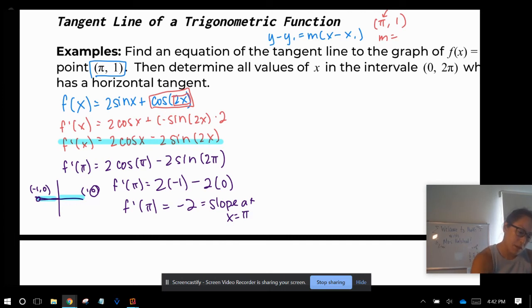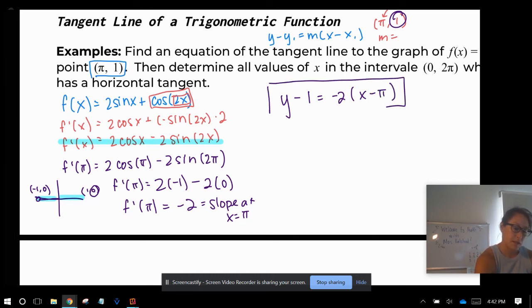So we can write our equation now. y minus y1, which was 1, equals negative 2 times x minus pi. This is our tangent line at x equal to pi.